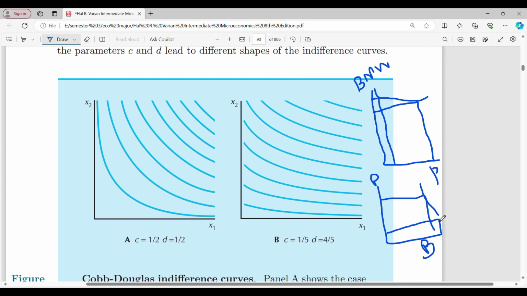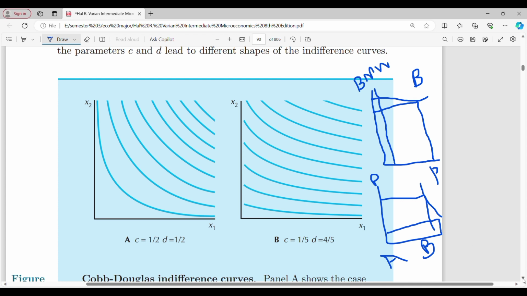It will be like here. So this denotes A and this denotes B. So this is what Cobb-Douglas is.